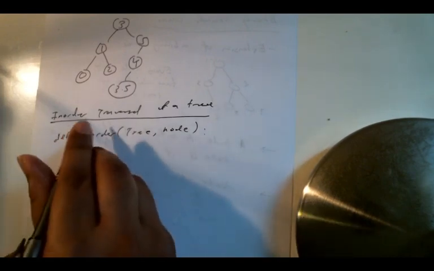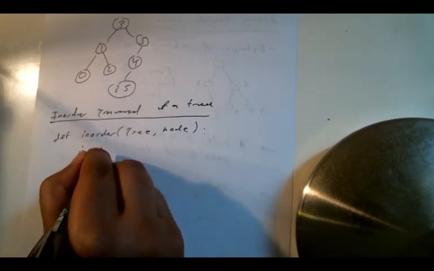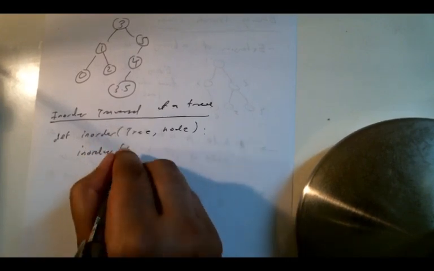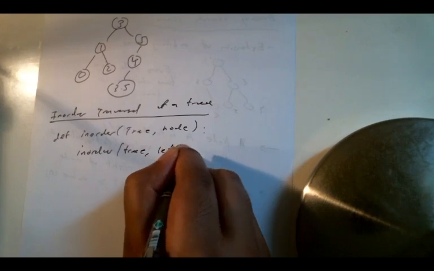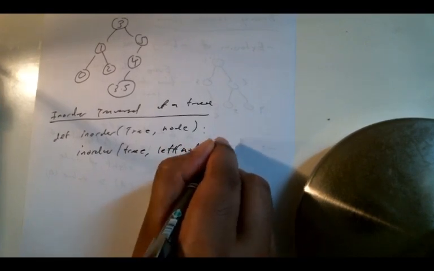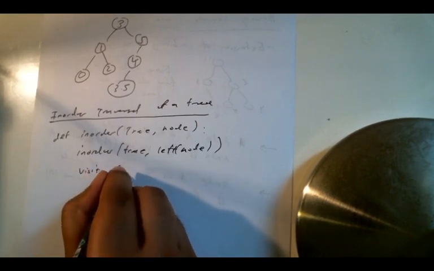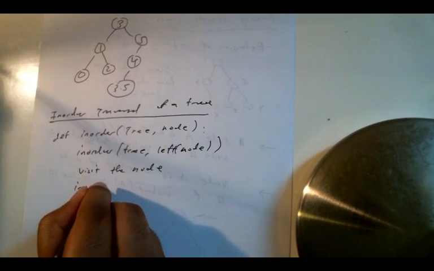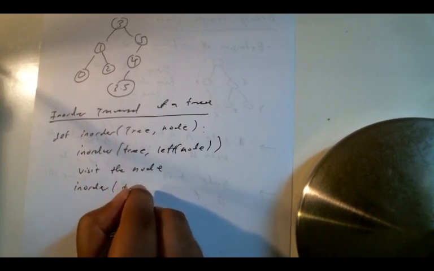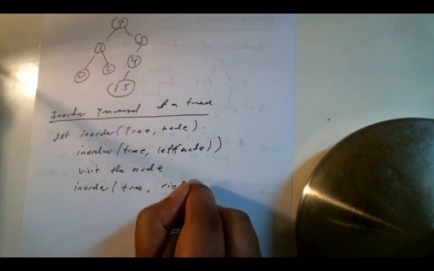First, we call in-order on the tree at the left of the node. Then we visit the node, and then we call in-order on the tree at the right of the node.